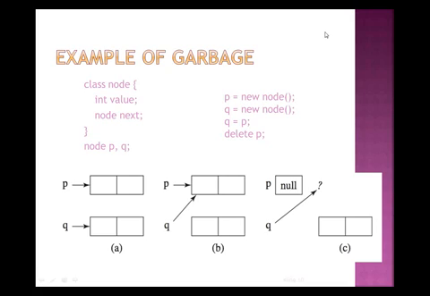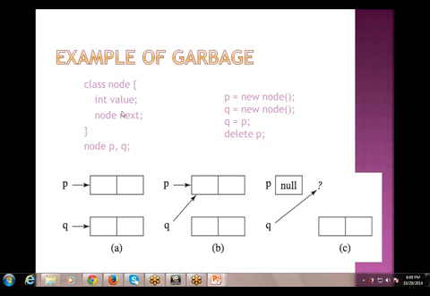Next is an example of how garbage appears in memory. A class is declared in C++ named Node. Two variables are declared, one is value, of int type, and one is next, of node type. So one contains the value, one contains the address.